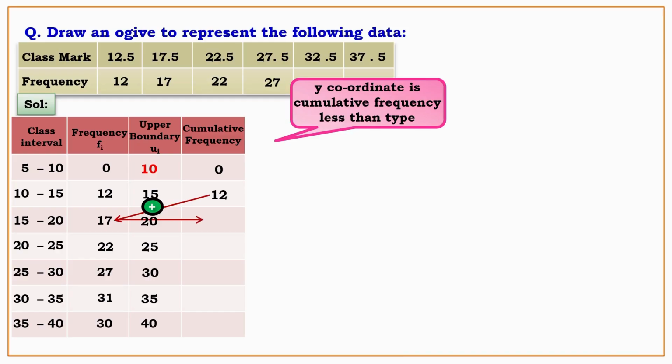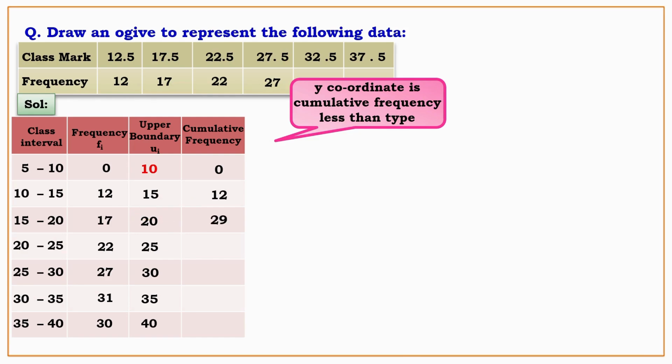You remember that here in less than type, we have to add the cumulative frequency from top to bottom, and for more than type, we have to add the cumulative frequency from bottom to top. And also the x coordinate here is the upper limit, and for more than type it should be the lower limit.